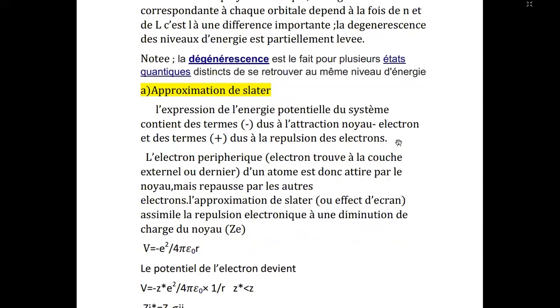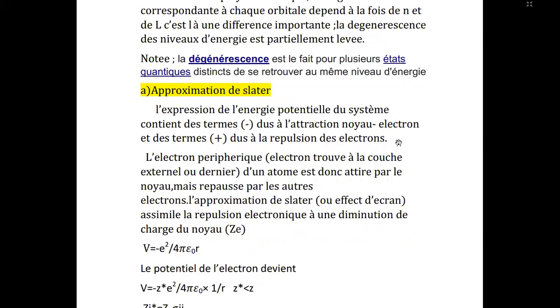So the expression of the potential energy du système contains the terms négatif due à l'attraction du noyau électron and the terms positive due à la répulsion des électrons.